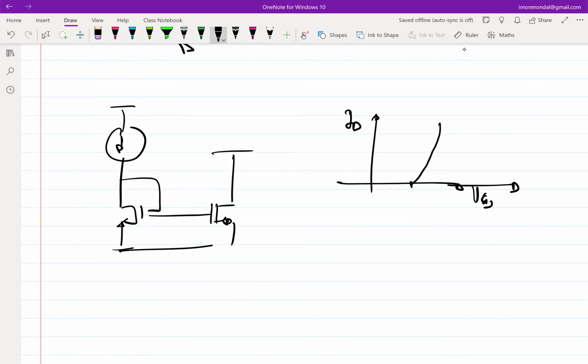So this is for a particular value of VDS, VDS1. For another value of VDS, let's say VDS2, where VDS2 is less than VDS1, if we neglect channel length modulation, this would have been exactly on top of it. But if we do not neglect channel length modulation, now this will go to the left.